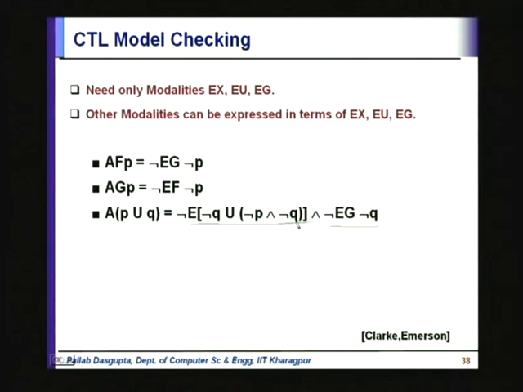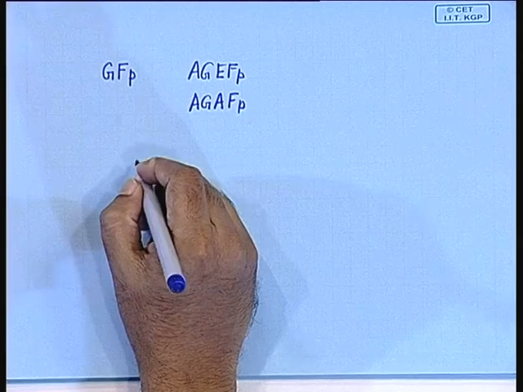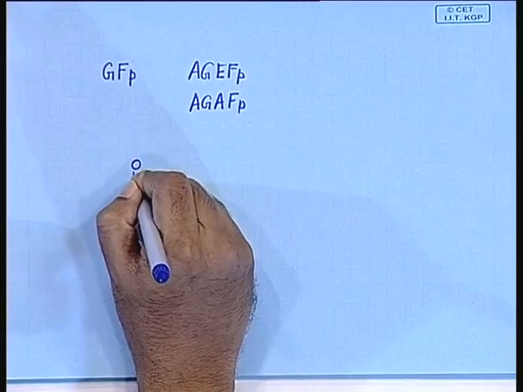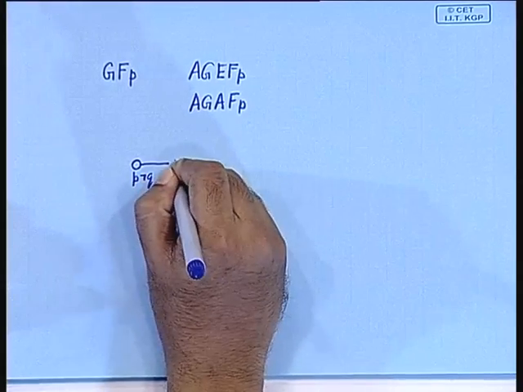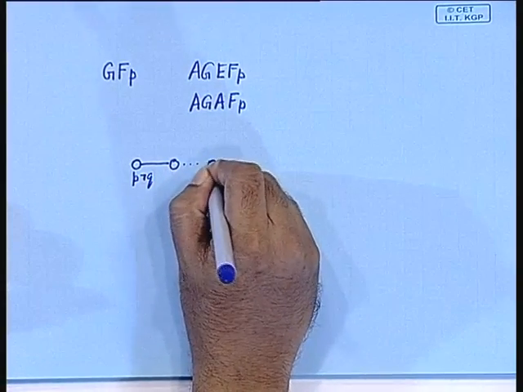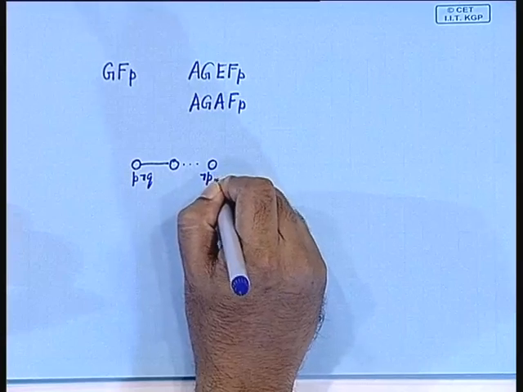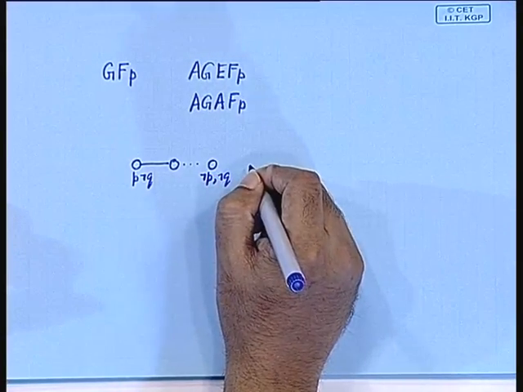In what ways can the P until Q property be refuted? One is that Q is not true anywhere in the future. So, that is overruled by this, that Q must hold in future. The other way that it may not hold is that you have a path where you have P and not Q, and then somewhere down the line, before you get the Q, you get a not P and not Q. Okay.